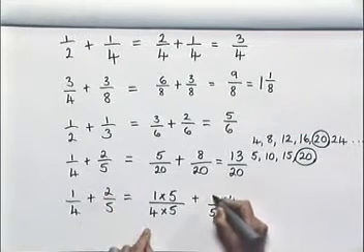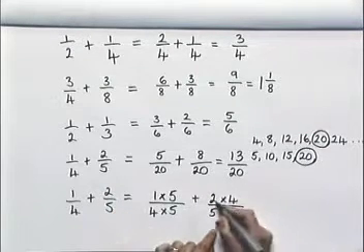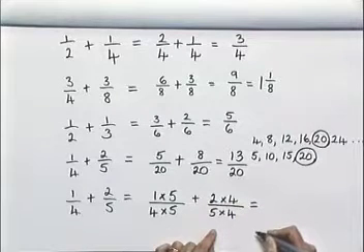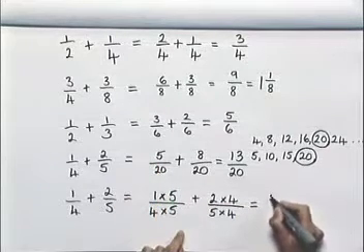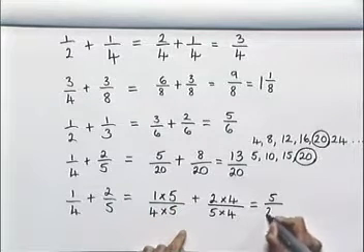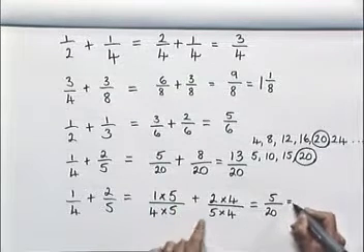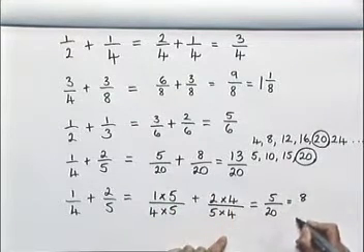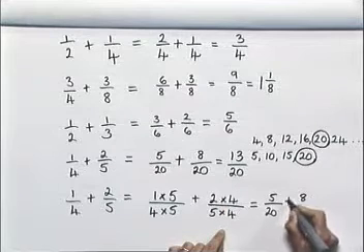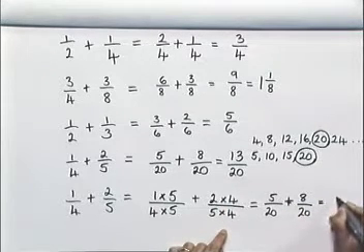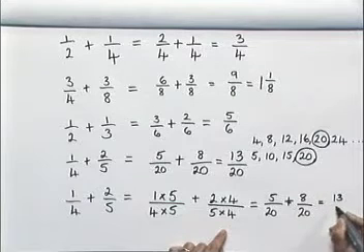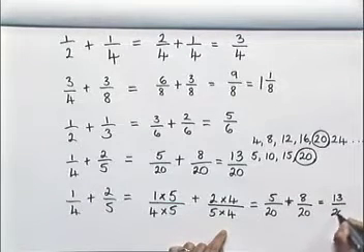And our numerator was 2, so we have to do 2 times 4. And this is how we arrived at our 5/20. 1 5 is 5. 4 5s are 20. 2 4s are 8. Sorry, that's a plus. And 5 4s are 20, giving us a total of 13/20.